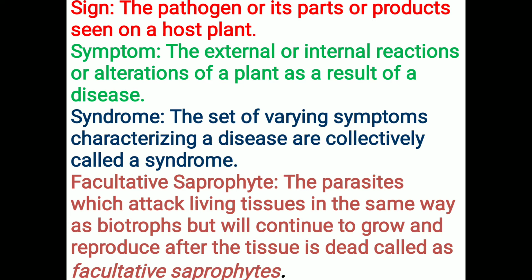The actual presence of the pathogen inside or outside the host is called a sign. If there is a fungal pathogen, which exact fungal pathogen is responsible for that particular disease is correctly diagnosed by microscopic observation. So it is called a sign.